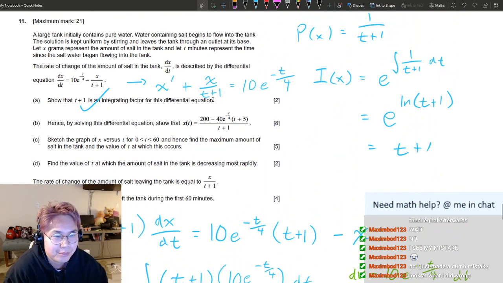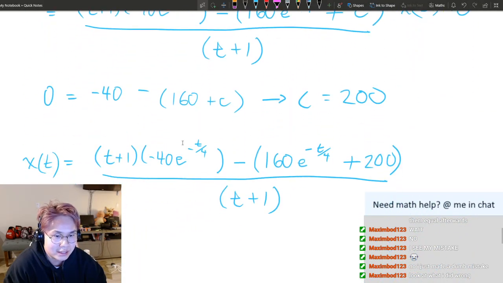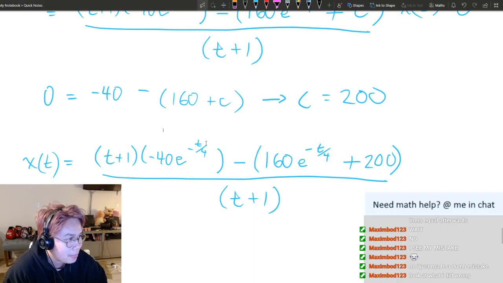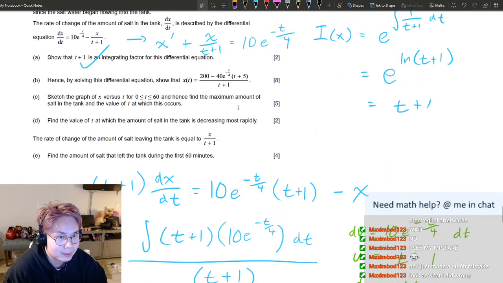Okay, where were we? So this is basically done. You can go through the algebra. Essentially, you just take a common factor of 40, well, minus negative 40 e, and so on. And then it will probably simplify into this.